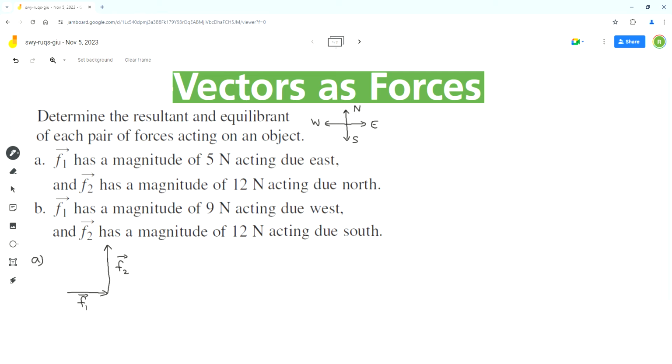Now these two vectors are perpendicular to each other because one of them is acting east, the other one is north, and east and north are perpendicular to each other. So the resultant of these two forces is the third side in this right angle triangle, which is also the hypotenuse.